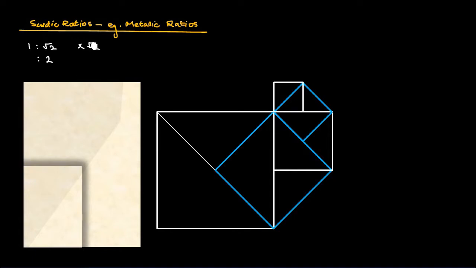Great, but I have to do the same to the other side. So 1 times root 2, I've now got root 2 on the left hand side, and so I haven't got rid of my surd. So whatever I do, however I simplify this, I'm always going to have a surdic expression on at least one of the sides of my ratio. And that's called then the irrationality.